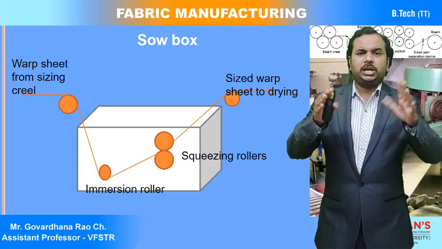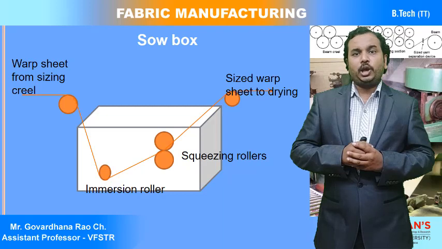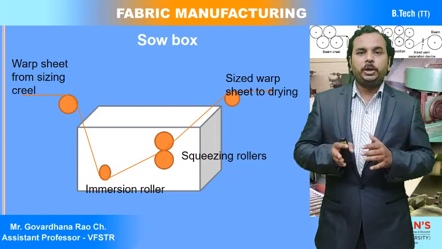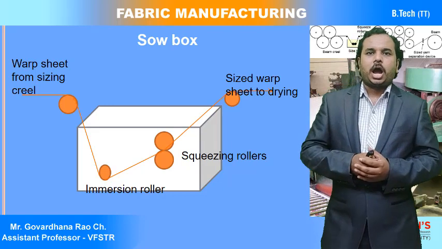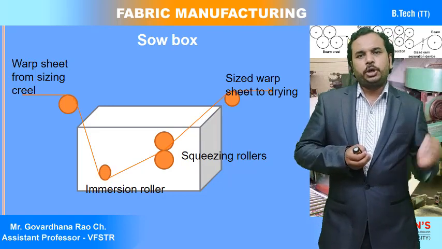Okay. So this is the simple understanding of how the warp sheet is going to be passed through the size box or sow box, and how the size paste is going to be applied.